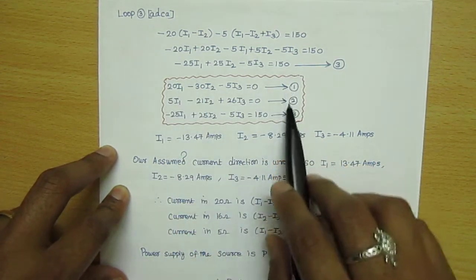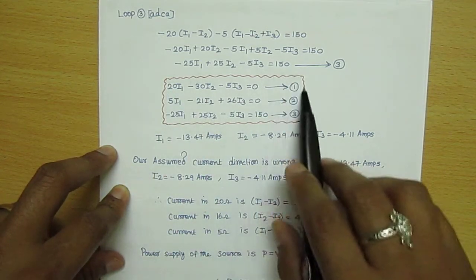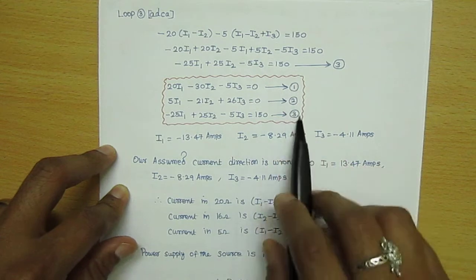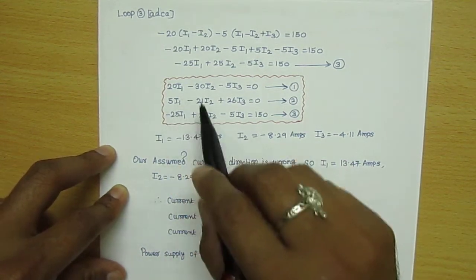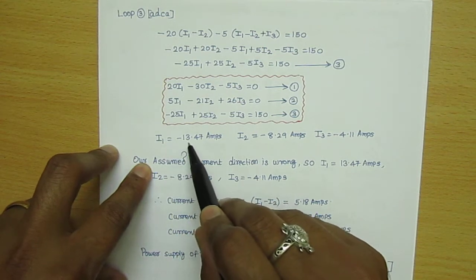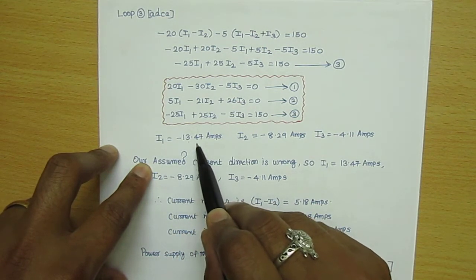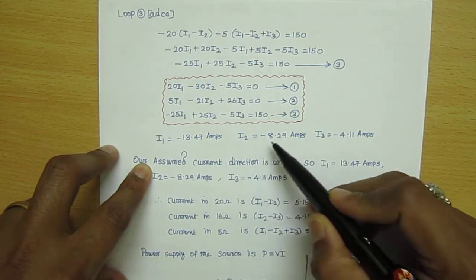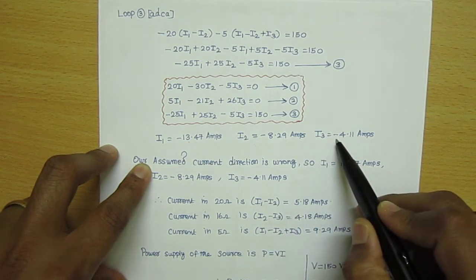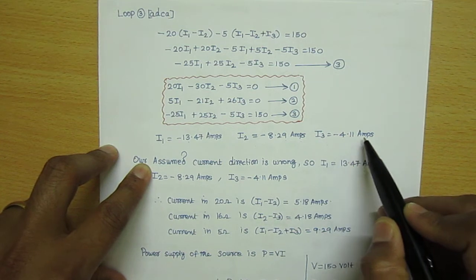If you substitute in the calculator (in some other classes I will discuss how to solve these equations using a calculator), after solving this in the calculator, I1 we are getting minus 13.47 ampere, I2 minus 8.27 ampere, I3 minus 4.11 ampere.